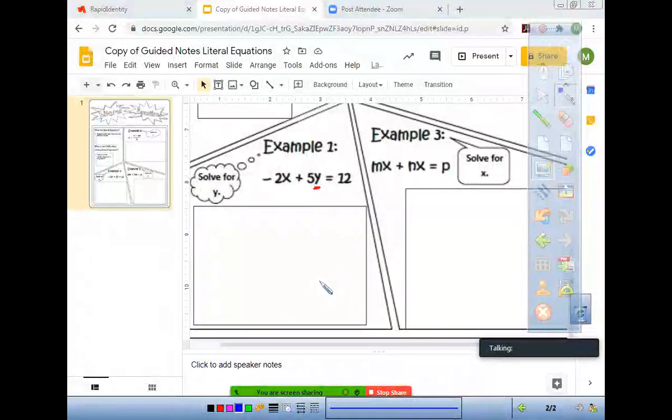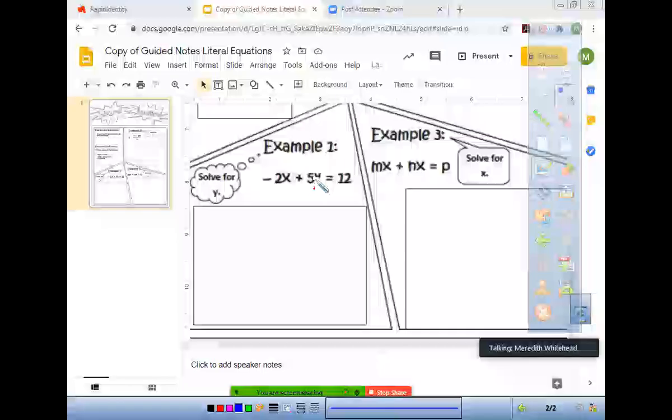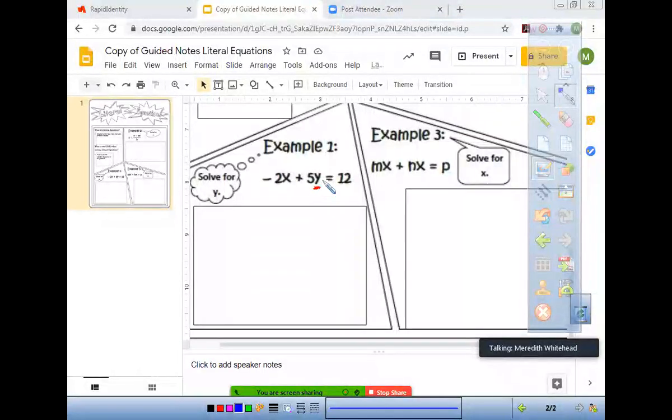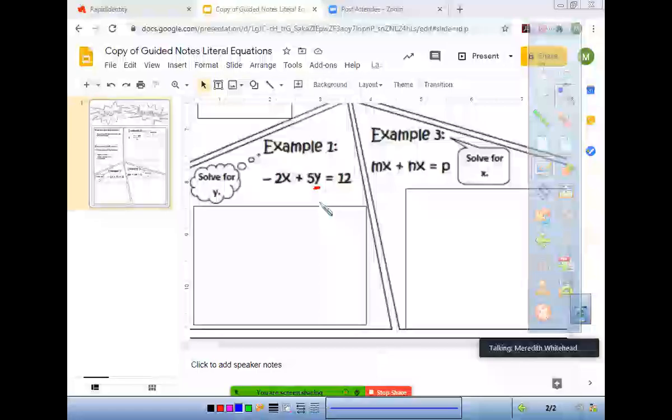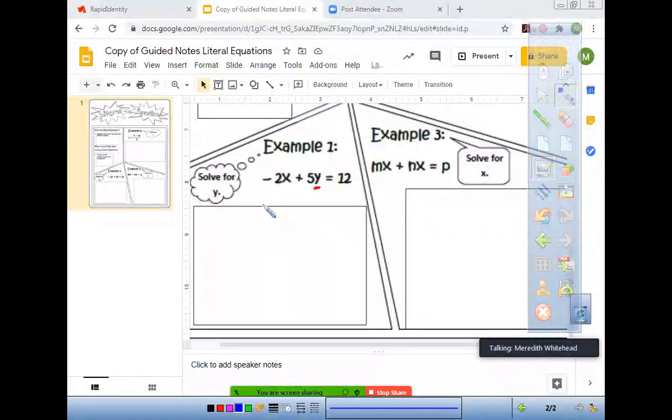I couldn't hear you. What'd you say? All right. Okay, so I don't know if we want to work with the 5 yet. Think about it: you're trying to get this by itself. You want to work farthest away from that variable first. So we want to start here with this minus 2x.